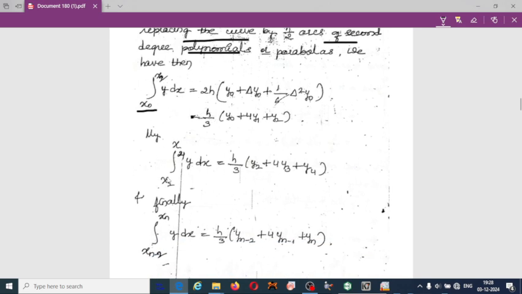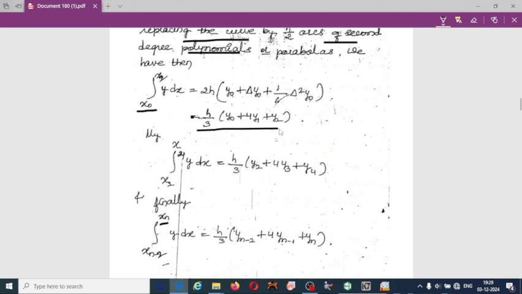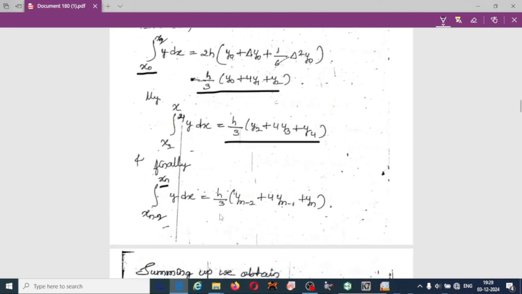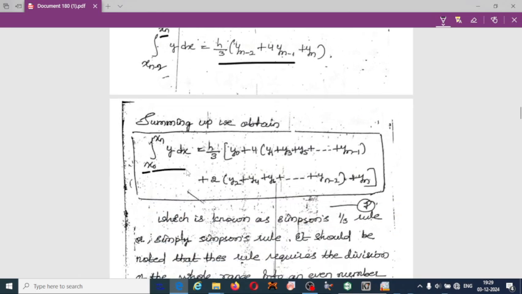So x0 to x2, x2 to x4, even numbers you should take, up to xn minus 2 to xn. Add these individual terms and you will get Simpson's one-third rule.